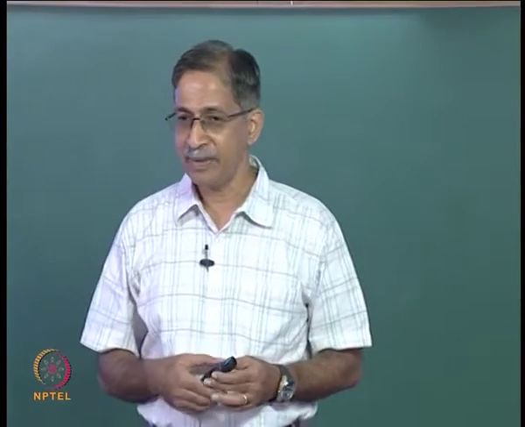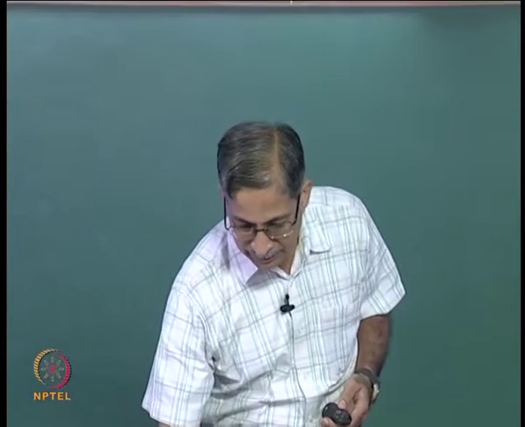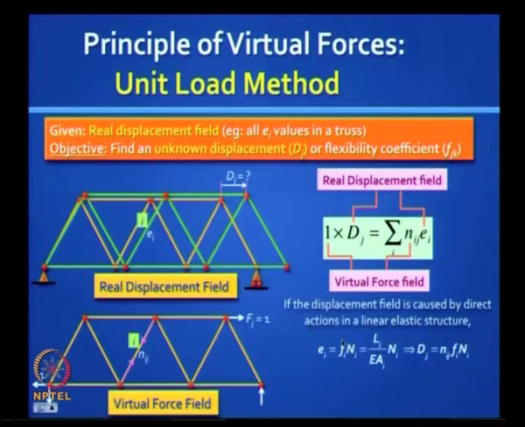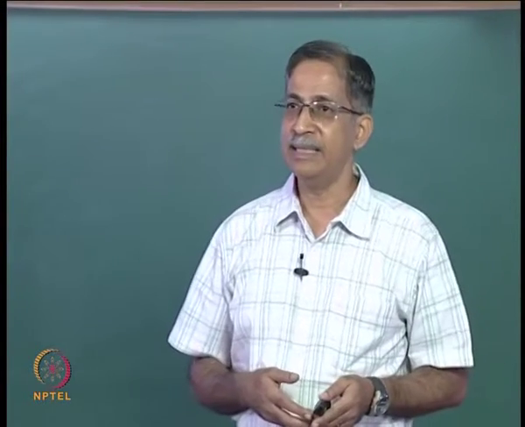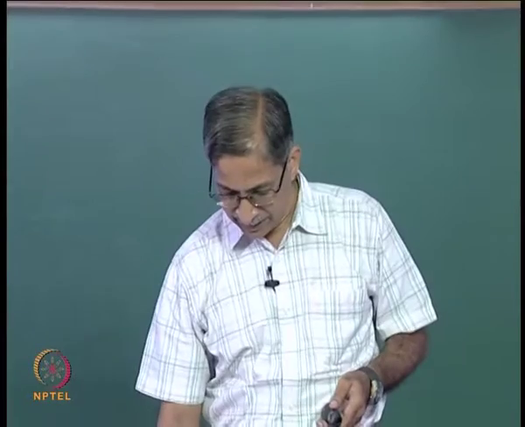What is Fi? It is the actual flexibility in the truss, and we have already seen this Fi is equal to Li by EAi. We assume that all the bars have the same material, so the E value should be common. If it is not, you can account for it. And so you have this formula: dj is equal to the sum of nij Fi Ni.